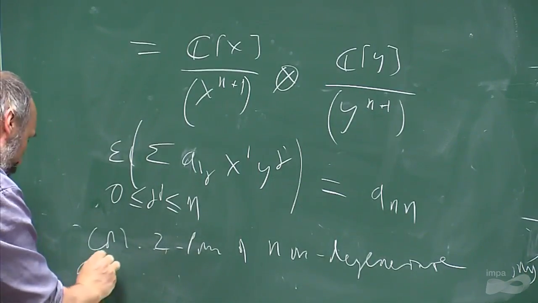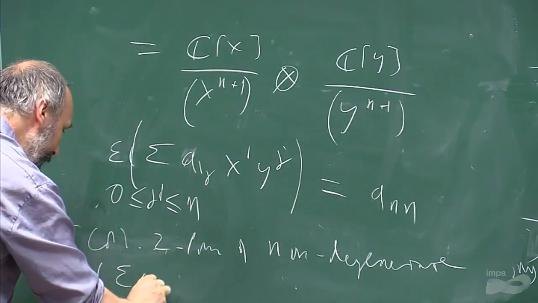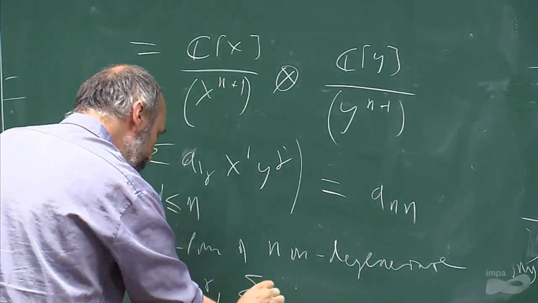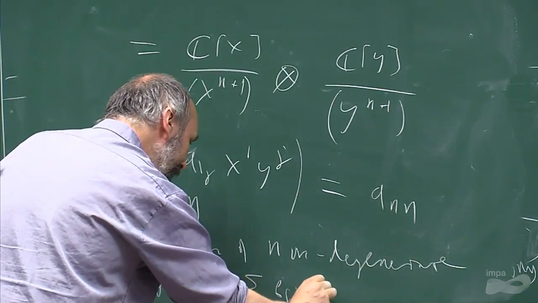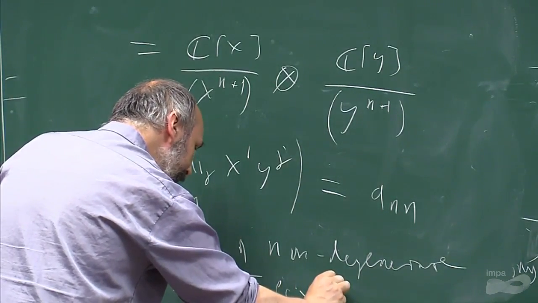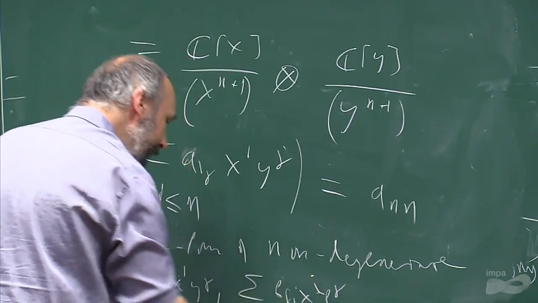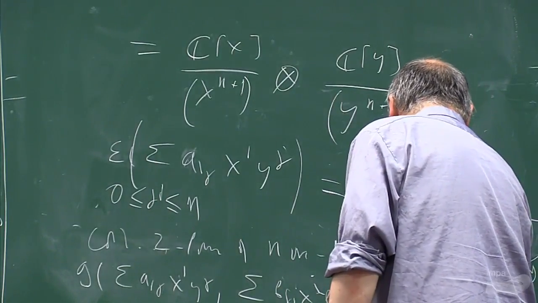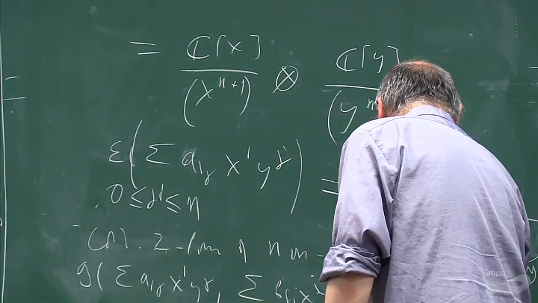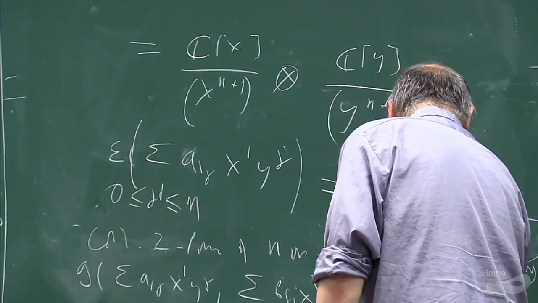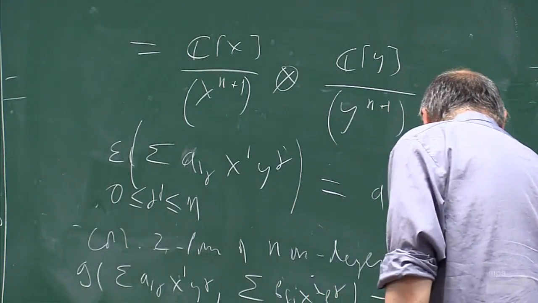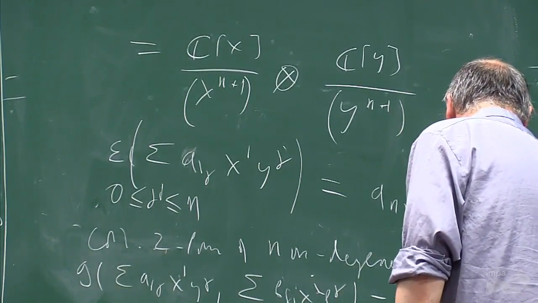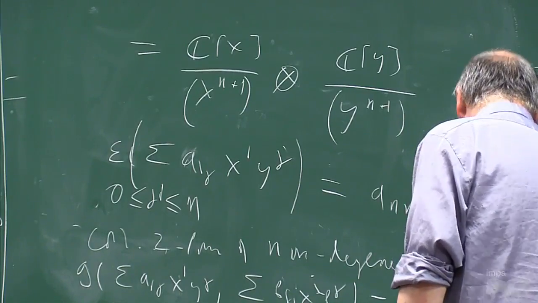In fact, G of such a sum a_ij x^i y^j, and then you take some b_lk x^l y^k, this will be equal to the sum over i plus l equal n, j plus k equal n, of a_ij b_lk.